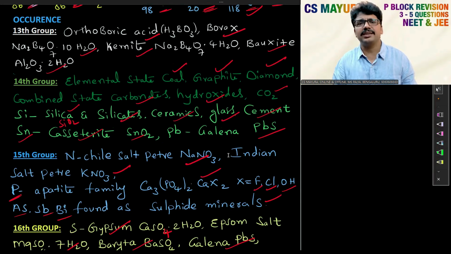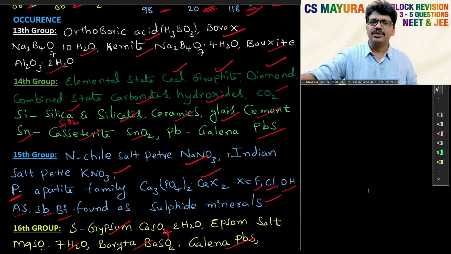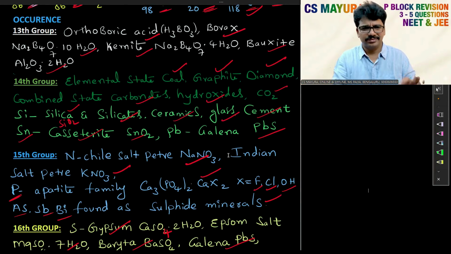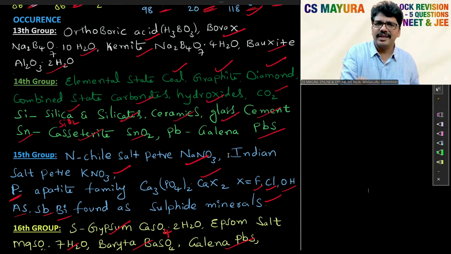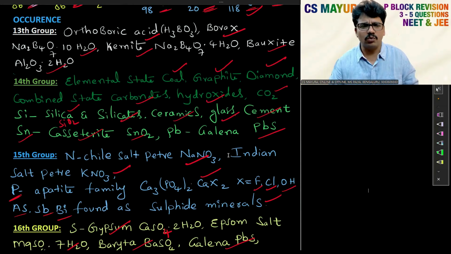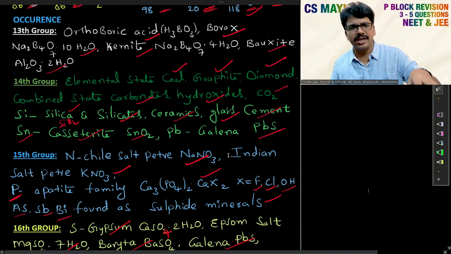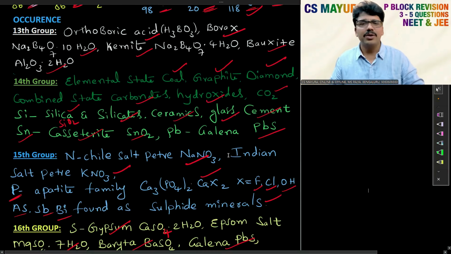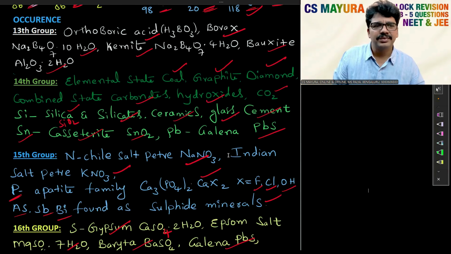No need to study anything beyond NCERT, no need to go for reference books or any Google examples. Just read what is given in the NCERT. That is enough. If they want to ask any questions regarding occurrence or physical properties or chemical properties, whatever it is, it is within NCERT and NCERT application only. No need to go beyond NCERT.